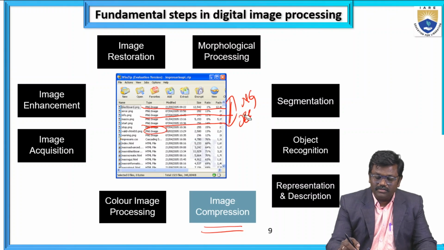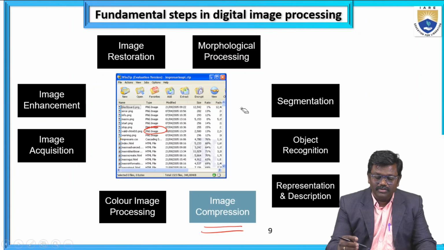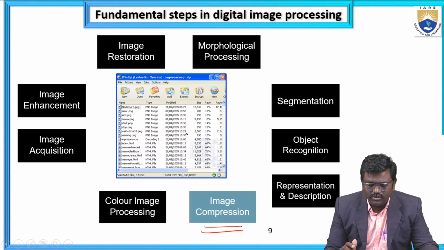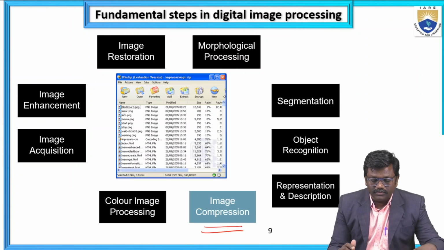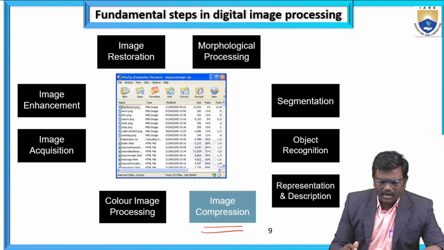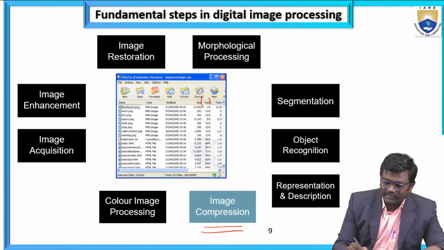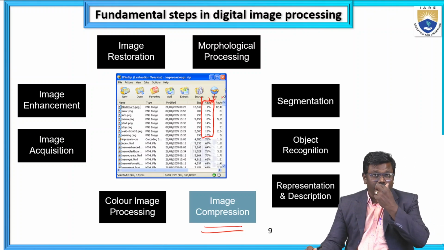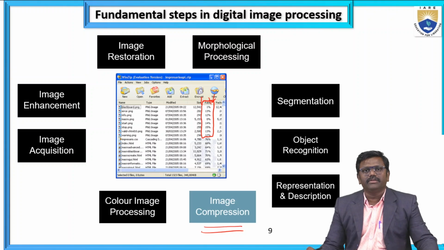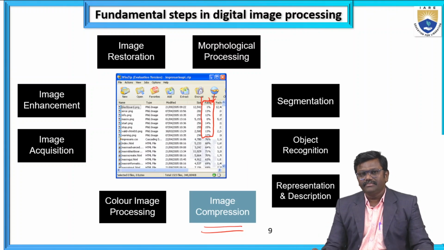These formats are used for comparison. The compression process may happen with the same file name, which we compare one to another, and we can understand it percentage-wise. Why are we understanding it percentage-wise? Because the storage occupancy of the image content is going to be compressed. It is also one of the steps in digital image processing.